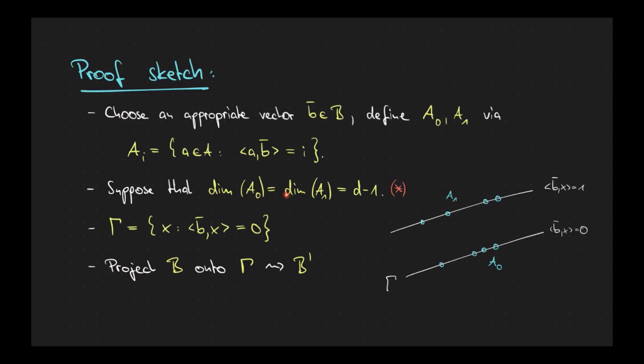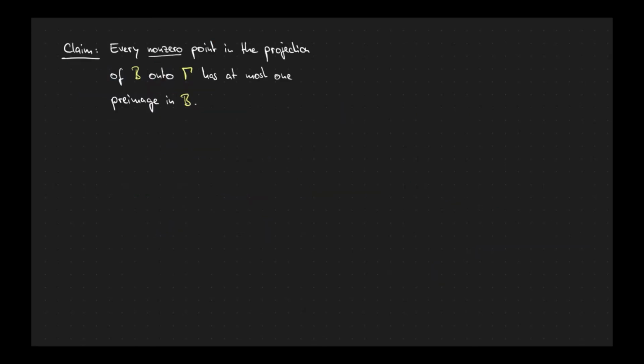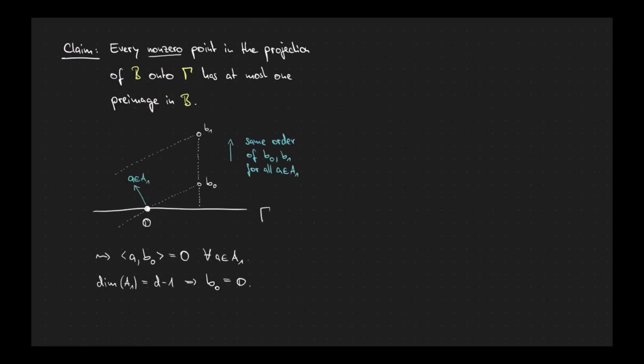The claim is that if you take that set B and you project it, most points will have a unique pre-image, except maybe that vector B, which was sent to 0, has a second pre-image, but that's fine. The reason is somehow the following.